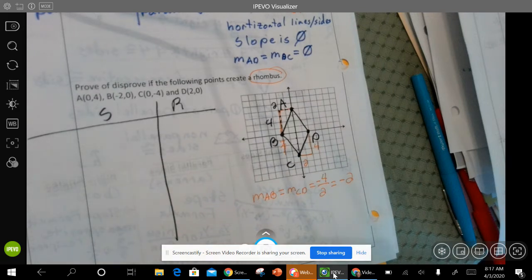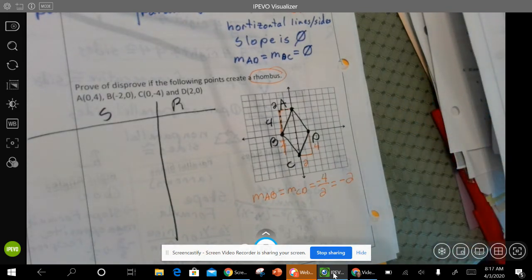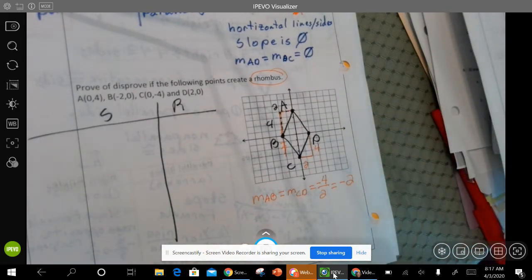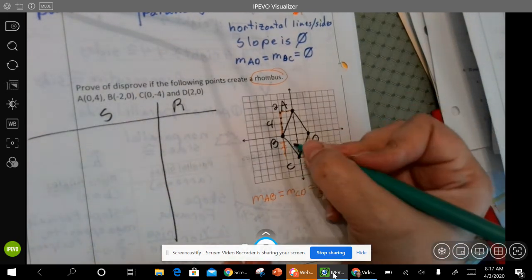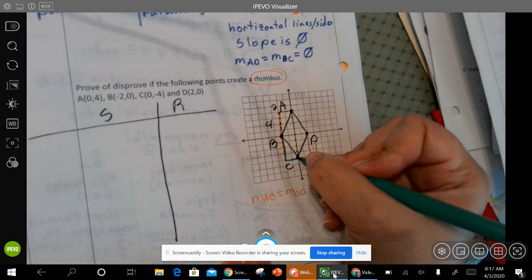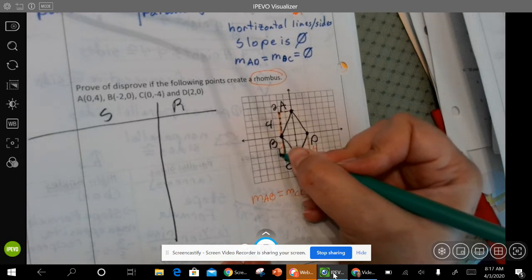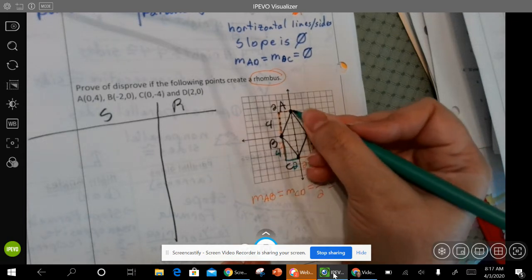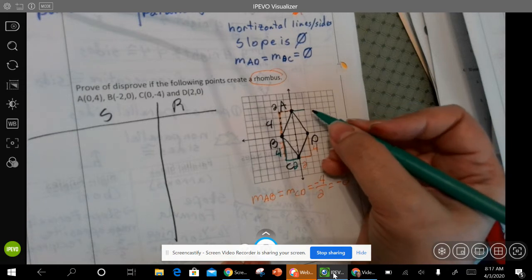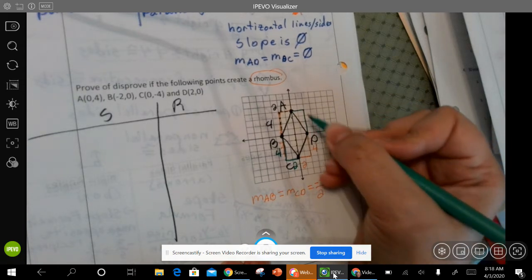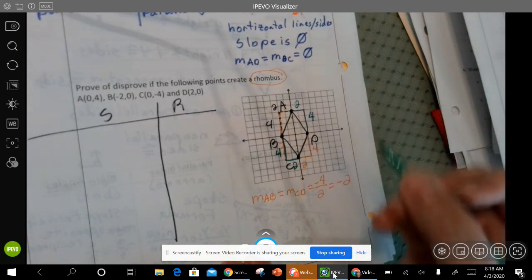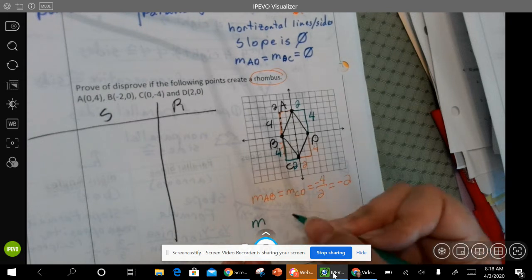And then I can do my other slope. So now I can do my other slope from this one. So now we have 2, 4, over 2 down 4. Okay, and this is a positive slope.